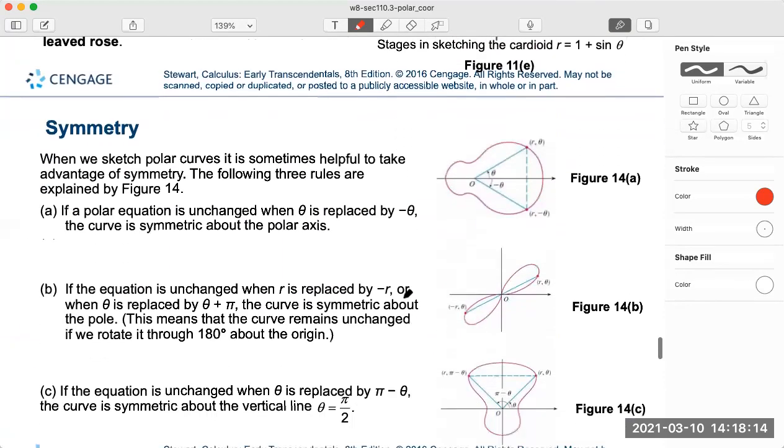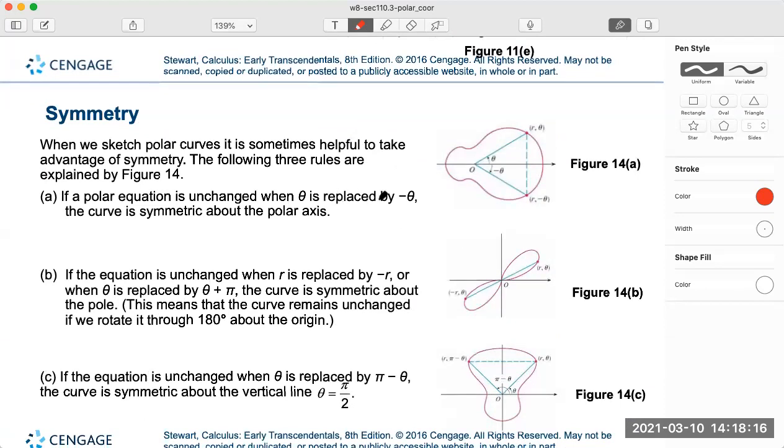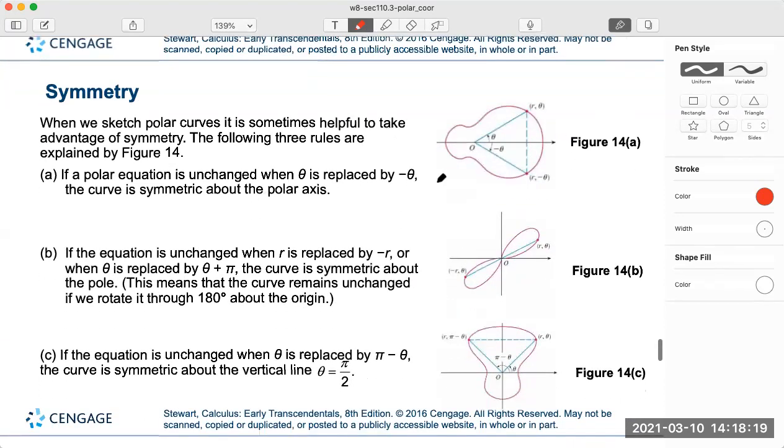Okay. And a very important topic here is the symmetry properties. If we know the symmetry properties, then we can graph it faster. For example, in polar coordinates, if theta and negative theta give us the same result, then it is symmetric about the polar axis. This is the polar axis, right?